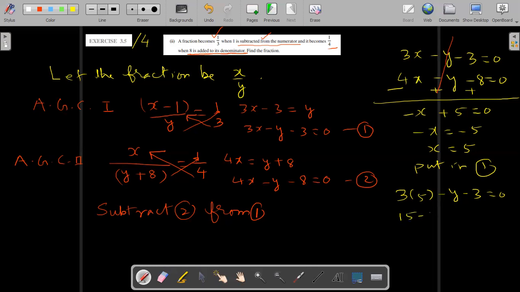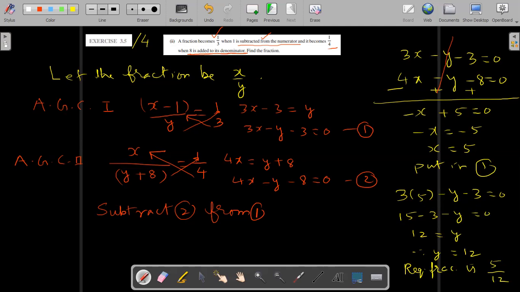So 15 minus 3 minus y is equal to 0. 15 minus 3 is 12, and y you can take to the right side, or you can write y is equal to 12. So 5 by 12. Hence the required fraction is 5 by 12.